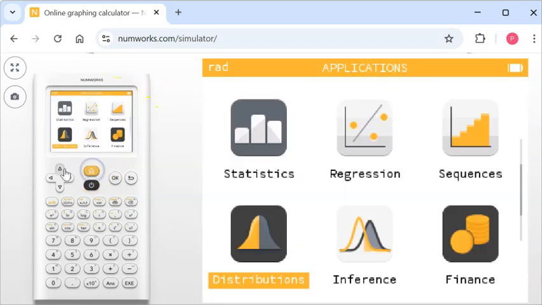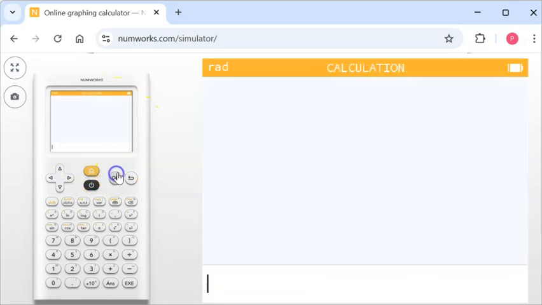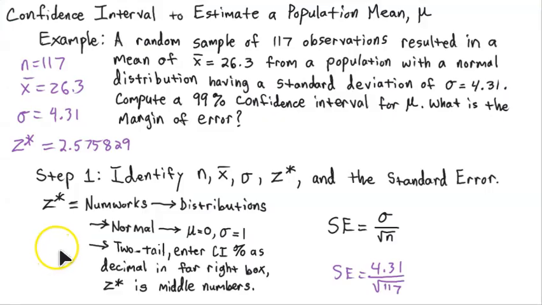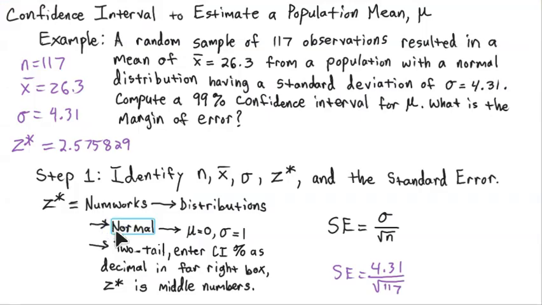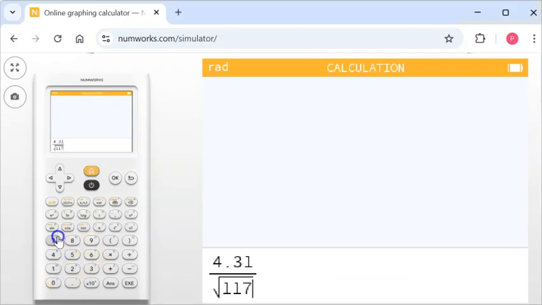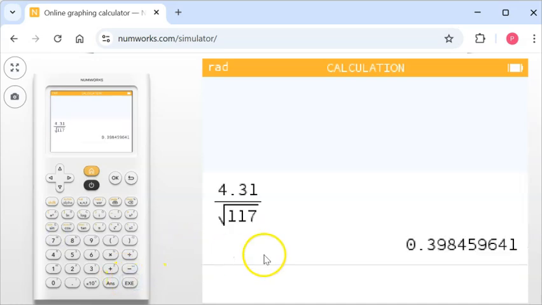So we'll go home, we'll go up to the calculator, and then we'll do 4.31 divided by the square root of 117. Execute, and we're going to do this to 6 decimal places: 0.3984596.